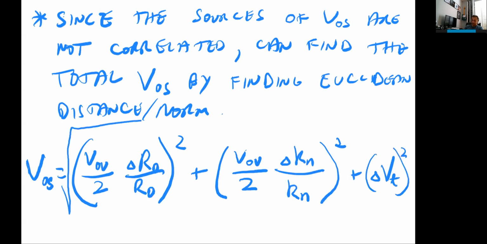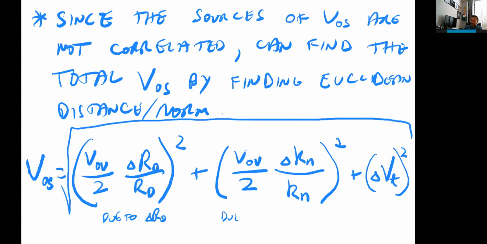And then that would be the Euclidean norm. So, due to mismatch on RD, due to mismatch on K, and due to mismatch on threshold voltage.